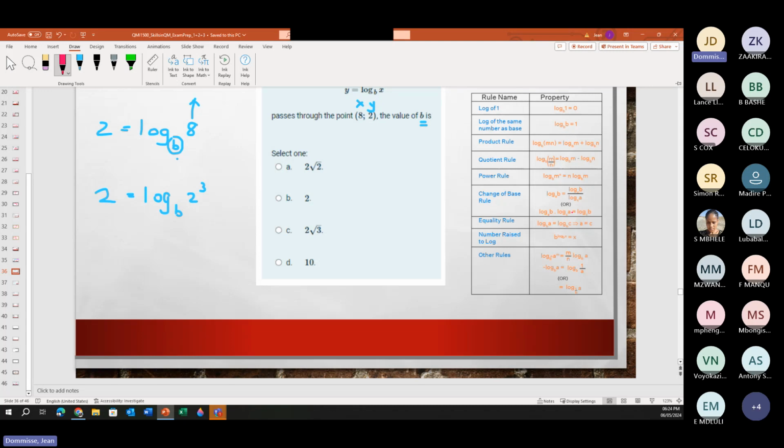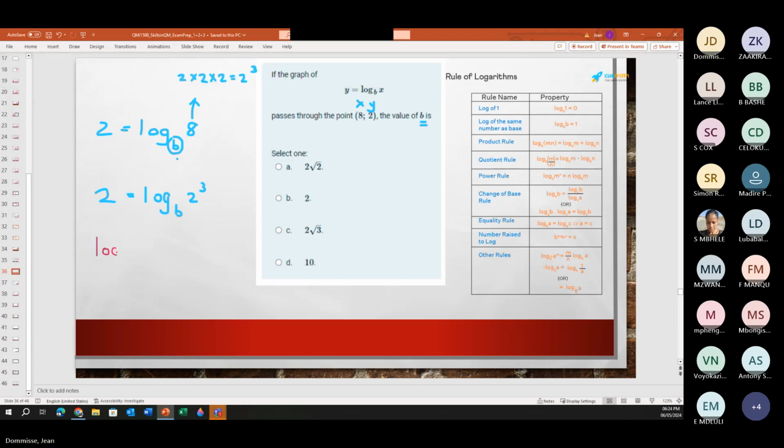So look at that one, log base m of n. So that's one that one can look at.